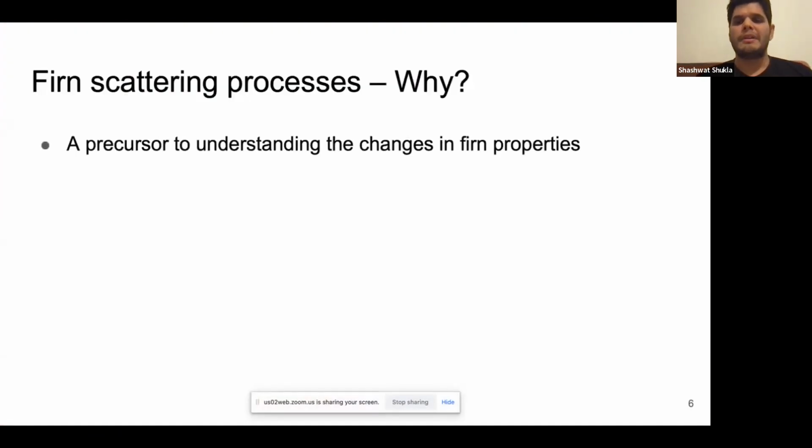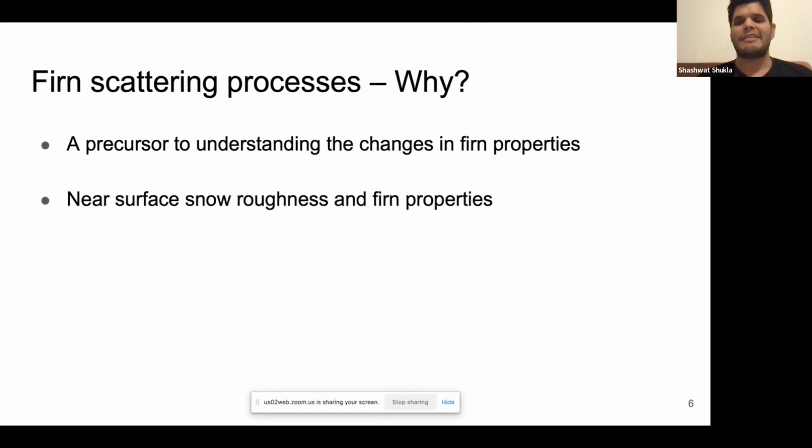Zooming in on the variability of firn scattering processes can further our knowledge of the changes of firn properties, because whatever changes we see in these scattering processes are an equal representation of the firn properties. Second is identifying and characterizing the regions where roughness undermines the effect of firn properties on firn backscatter, which is very crucial if we are concerned about firn property retrieval from radar.